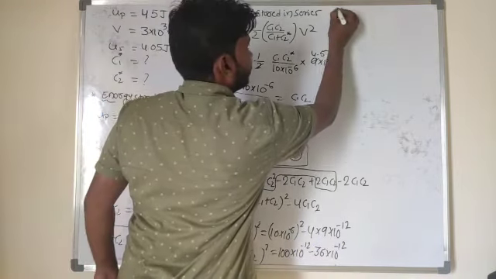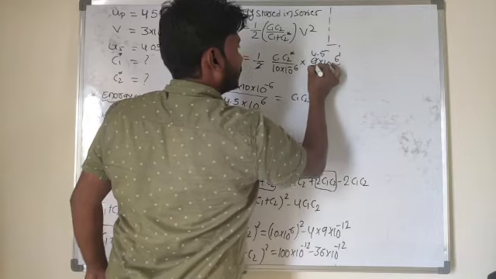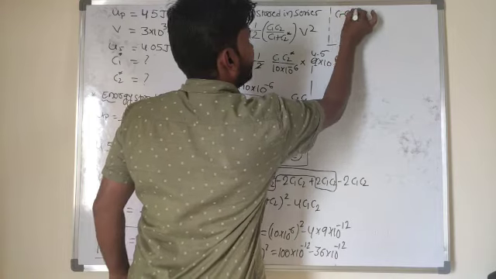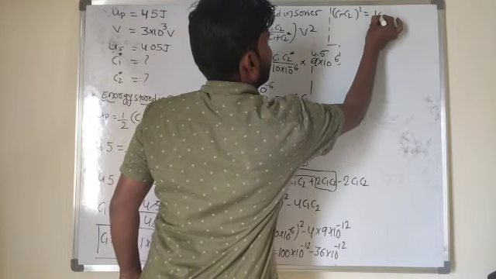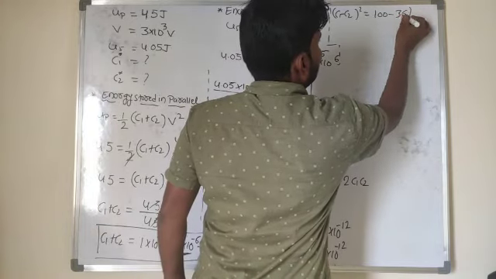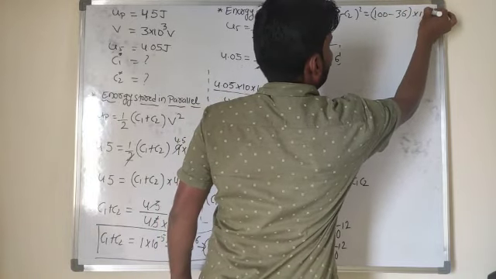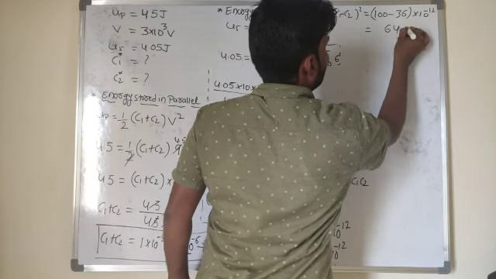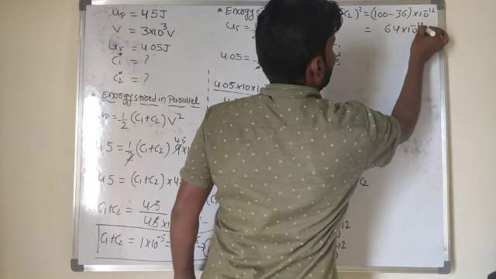So look here. (C1 − C2) whole square is 100 minus 36 into 10 to the power of minus 12. So that is 64 into 10 to the power of minus 12. (C1 − C2) whole square value is how much? 64 into 10 to the power of minus 12.